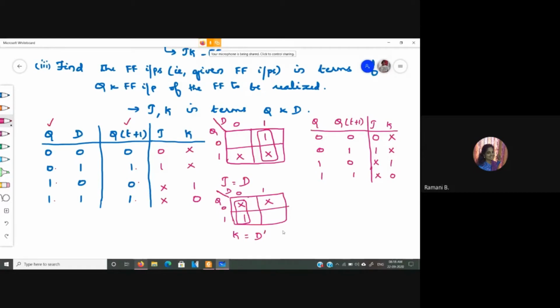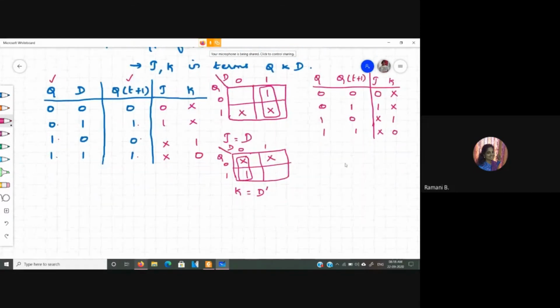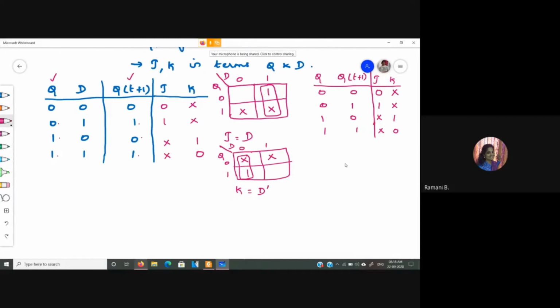Okay. And lastly, you have to draw this. For that, we use the graphic symbol of flip-flops. That is, you will be giving a rectangular box like this, and you will be having the clock over here. If this is simply given as this, you call this the positive edge triggered clock.